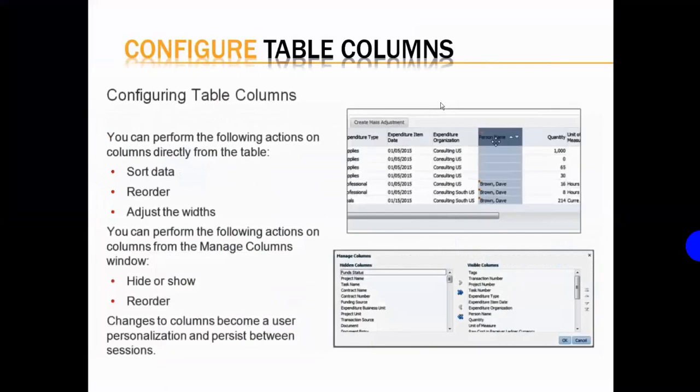Again, we have seen sorting the data, adjusting the width, and hiding and showing the columns. Which column you want to show, which column to hide, and how you want to reorder it.